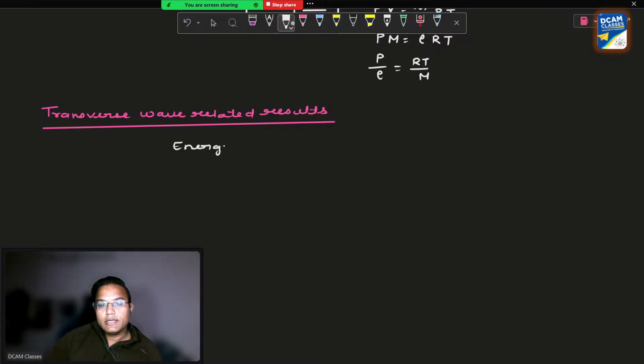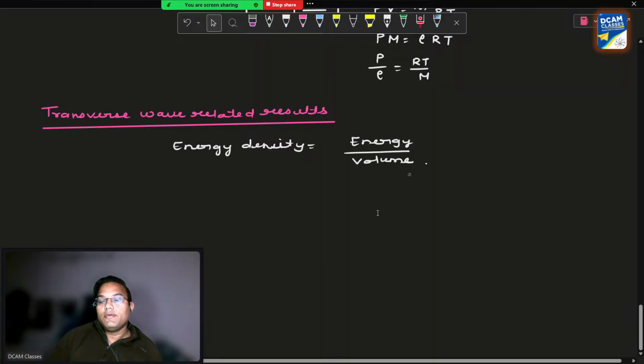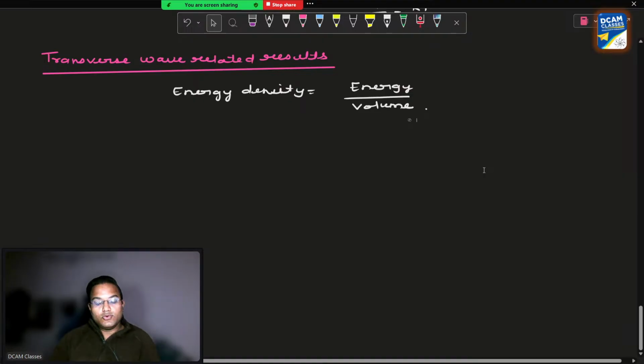First formula is of energy density. It's energy per unit volume. Do you remember the total energy of a particle doing SHM?